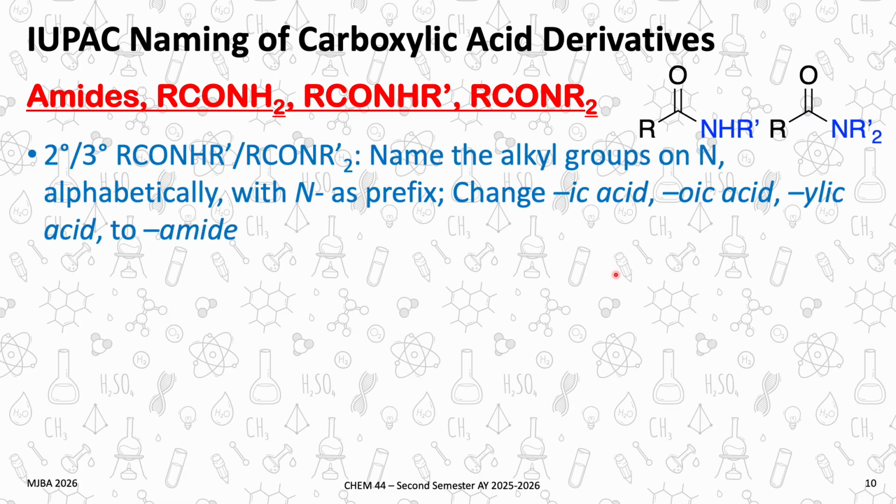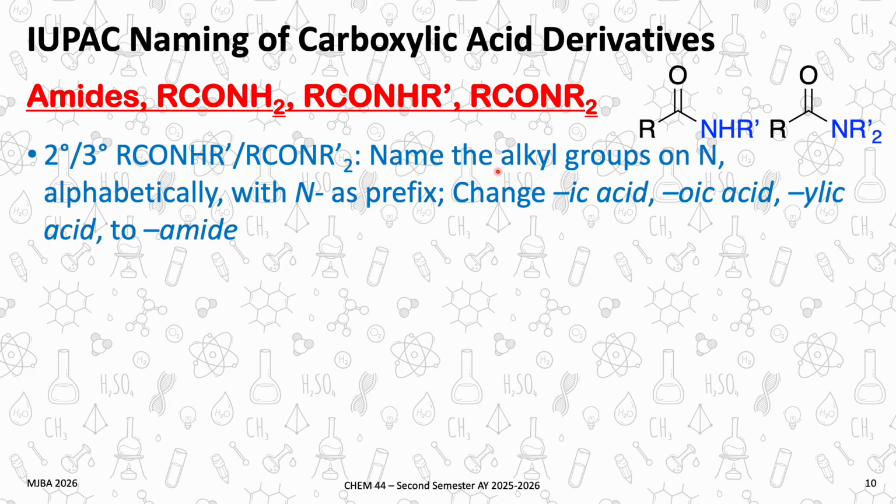Now for the case of substituted amides, in here we have an R group substituting one of the hydrogens, so this is a secondary amide. And if both of the hydrogens are substituted by an R group, it is a tertiary amide.